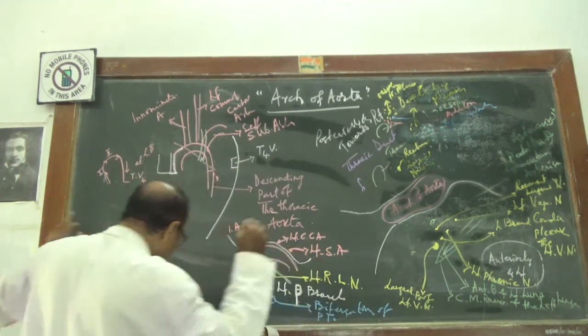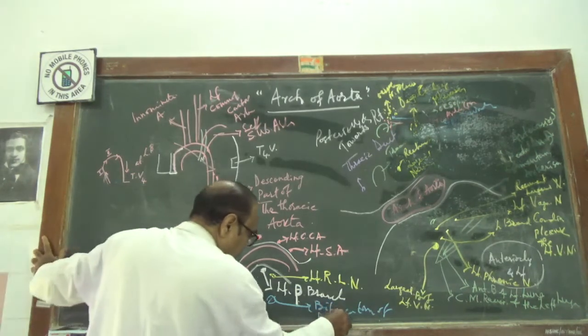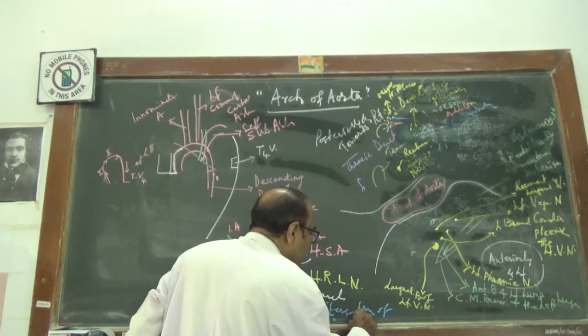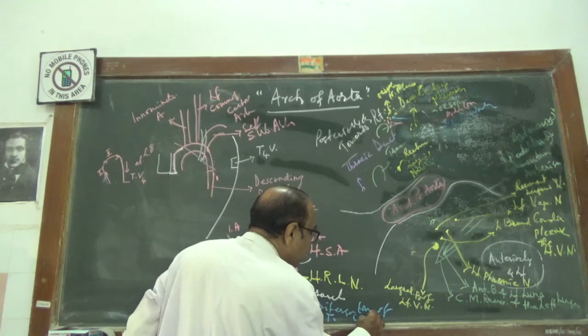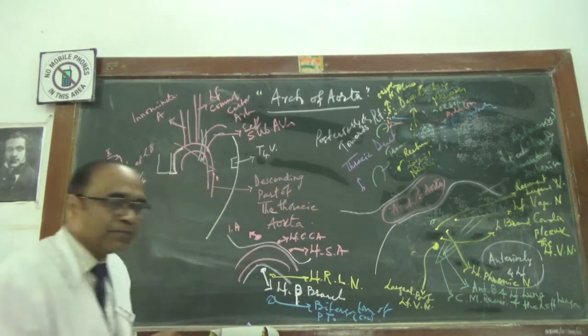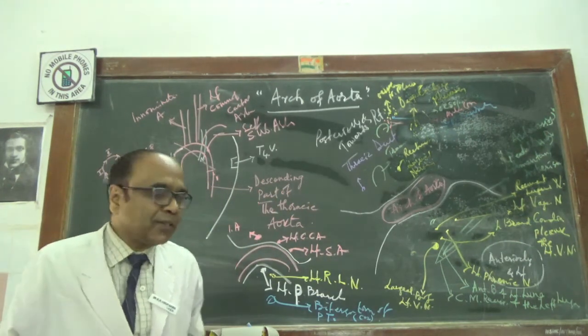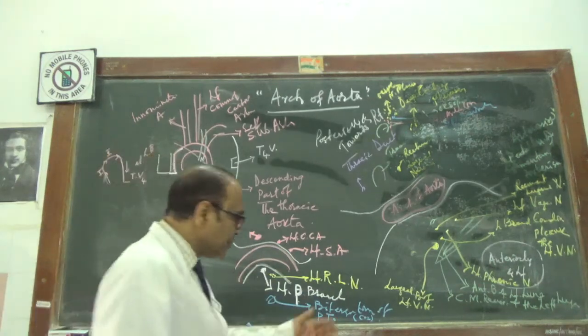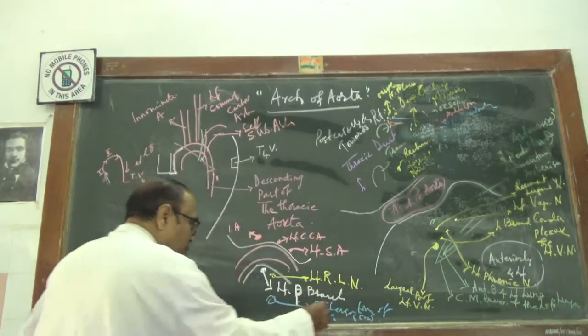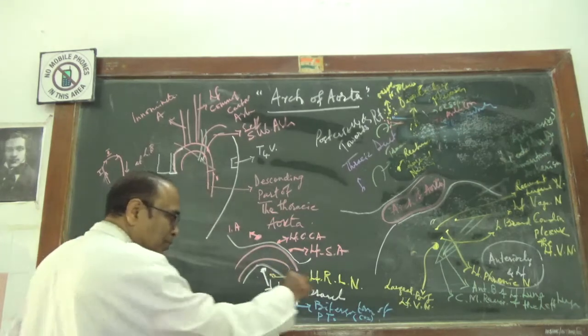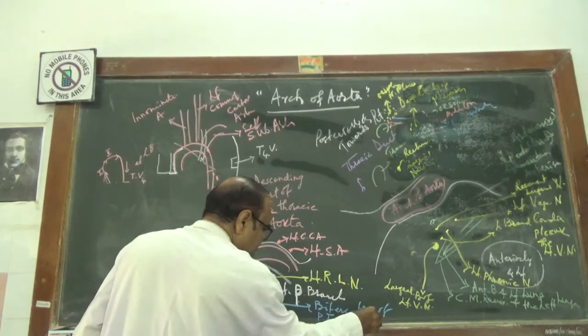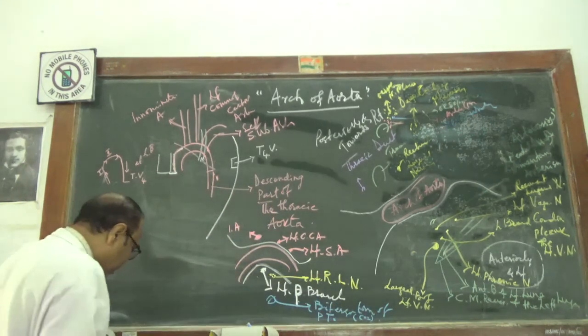That is the bifurcation of the pulmonary trunk, which carries deoxygenated blood, meaning carbon dioxide containing blood, from the right ventricle to the lung field for purification. That is the important thing.